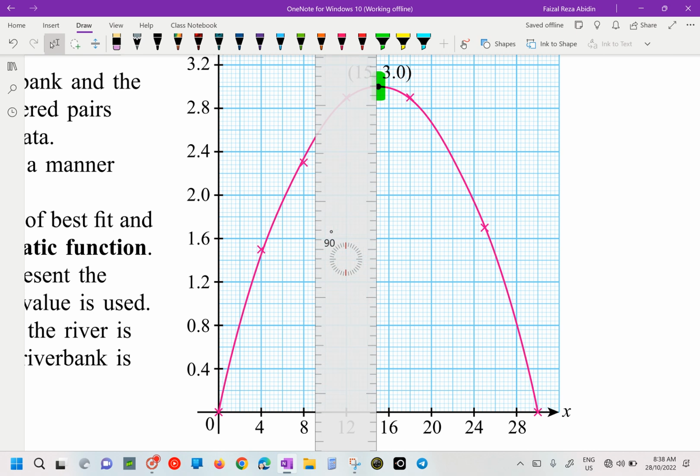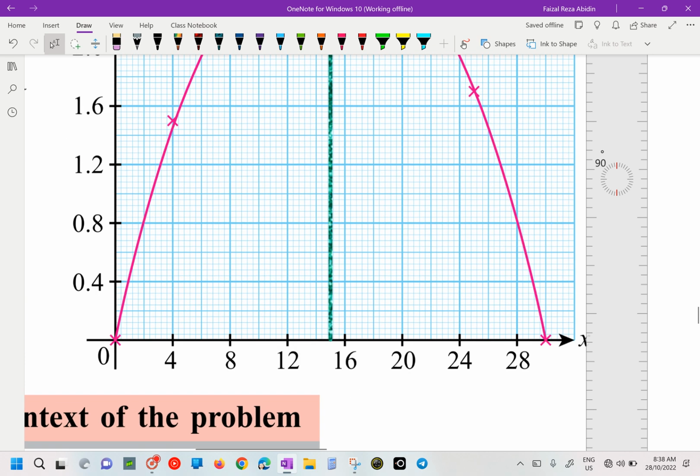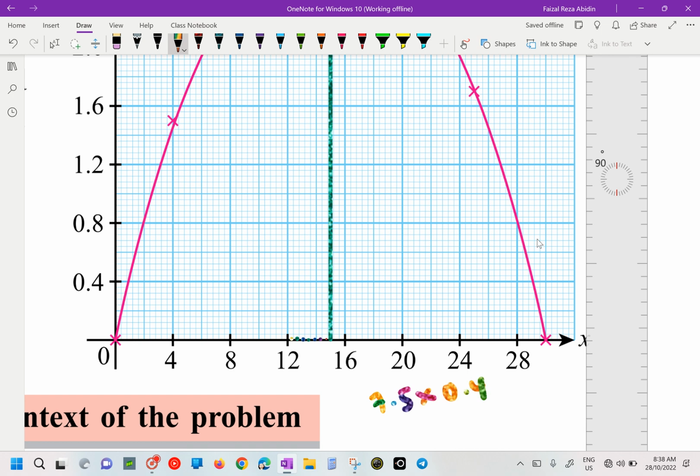So you are going to have over here this one. How many boxes are there? We are going to get 1, 2, 3, 4, 5, 6, 7.5. 7.5 times 0.4? 0.4, 3.